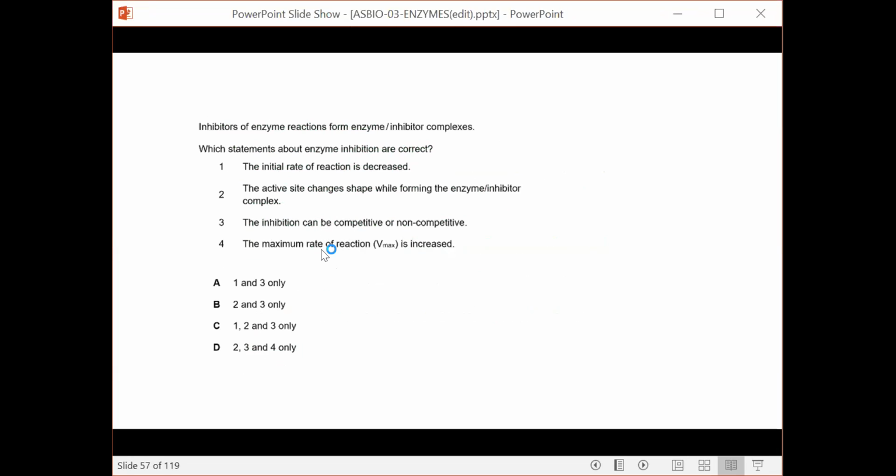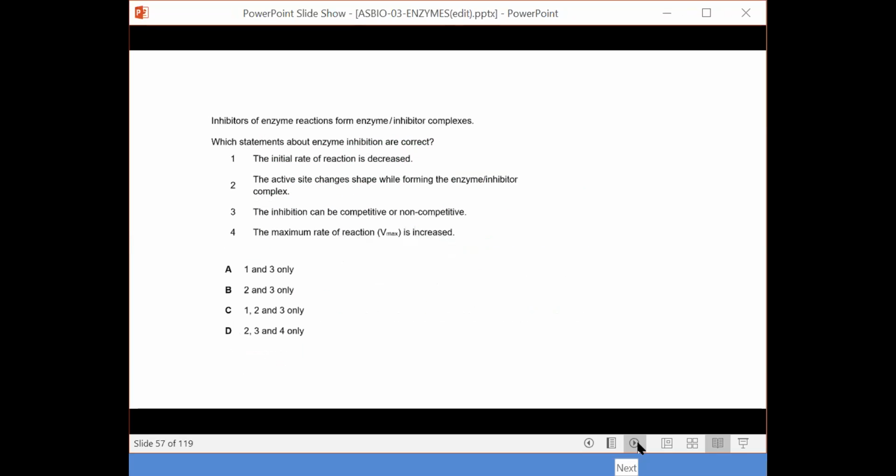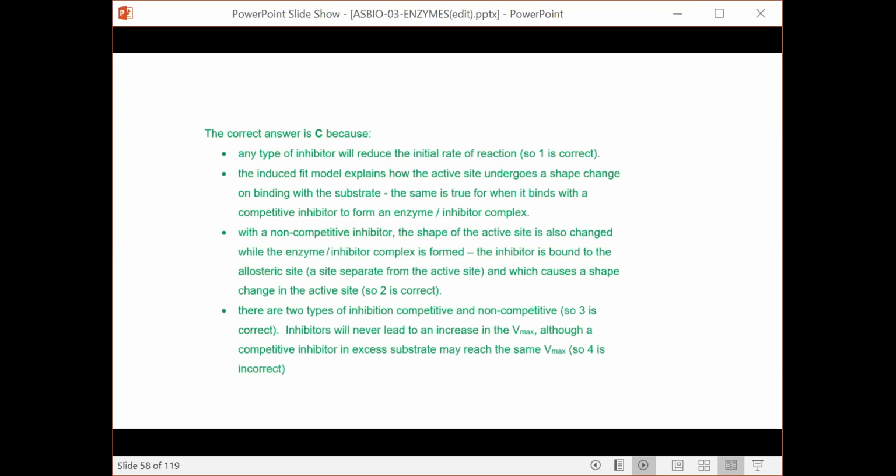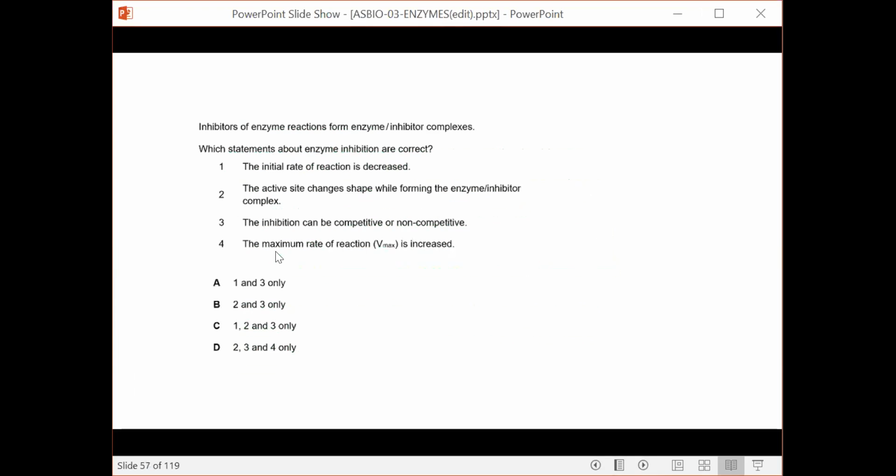The maximum rate of reaction is increased, not true for all. Okay. In the case of competitive, in that case, the Vmax is increased. No, sorry, decreased. The fourth statement is not true.